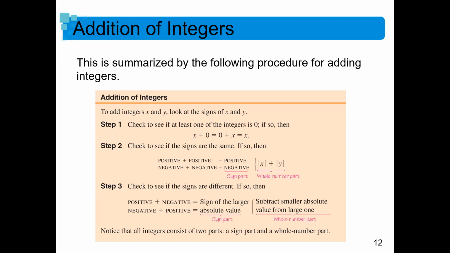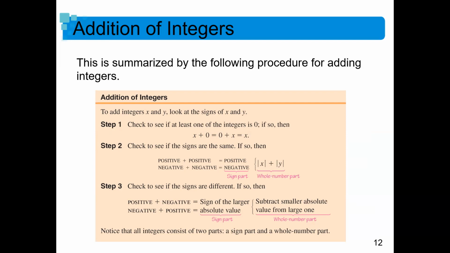So here is a summary of the steps you need to take when you add integers. Step 1, check to see if at least one of the integers is 0. If so, then x plus 0 equals 0 plus x is equal to x. Step 2, check to see if the signs are the same.